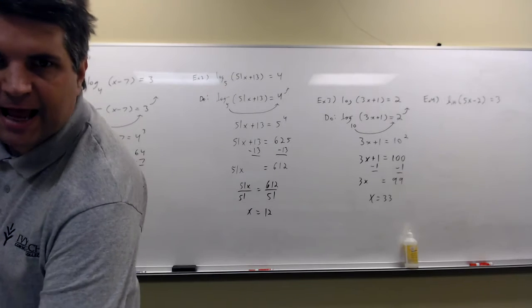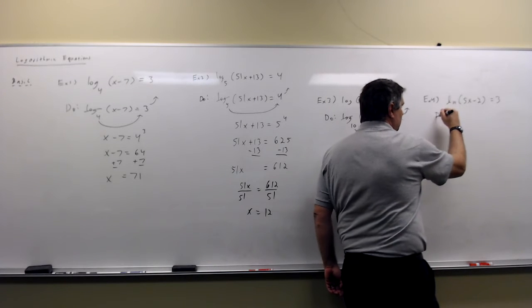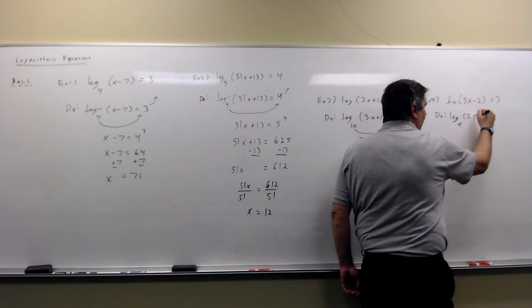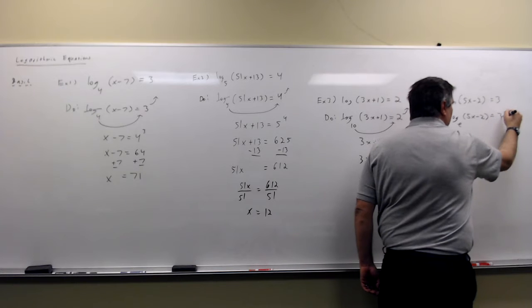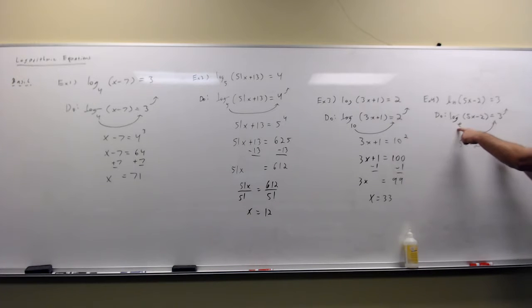This is actually equivalent to log base e of 5x minus 2 equals 3. So I will dump the log. The 3 will go up into the exponent. So we'll have 5x minus 2 equals e cubed, where the base e is still the base, and the 3 is now an exponent.